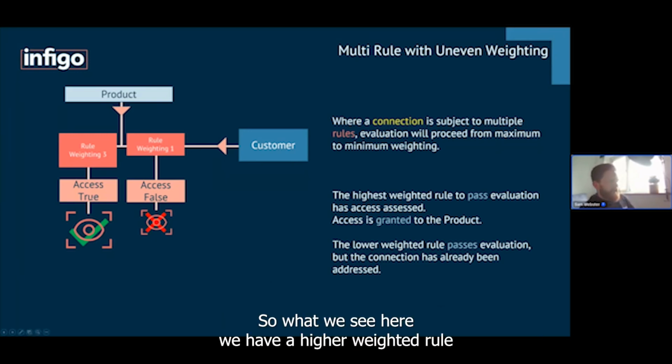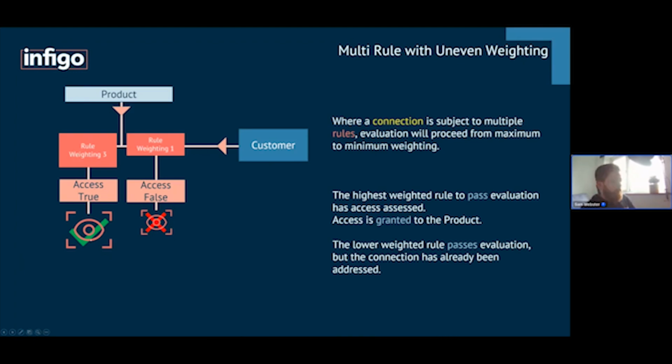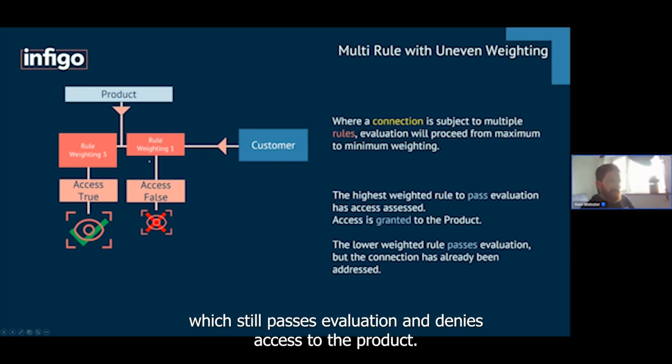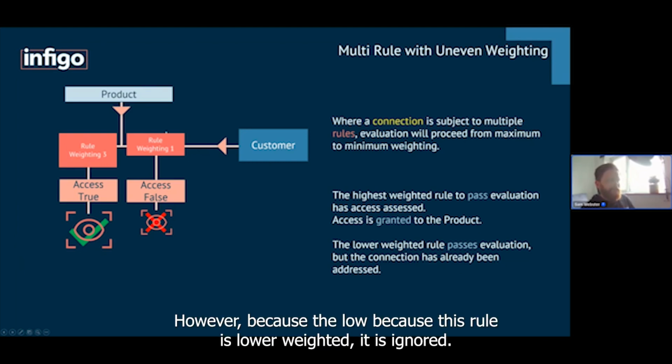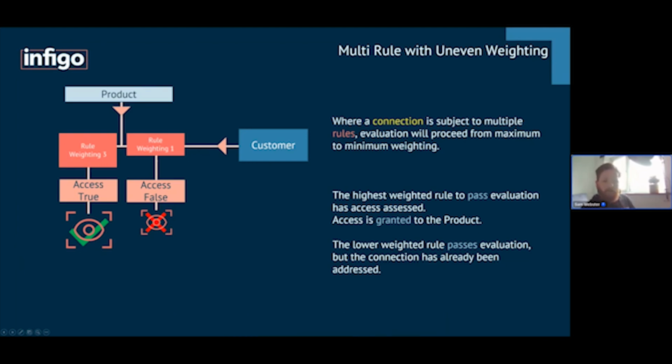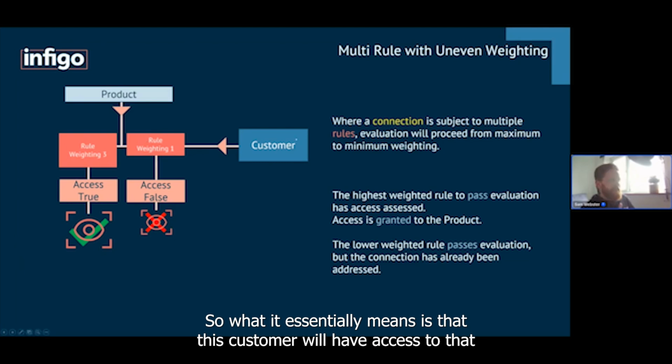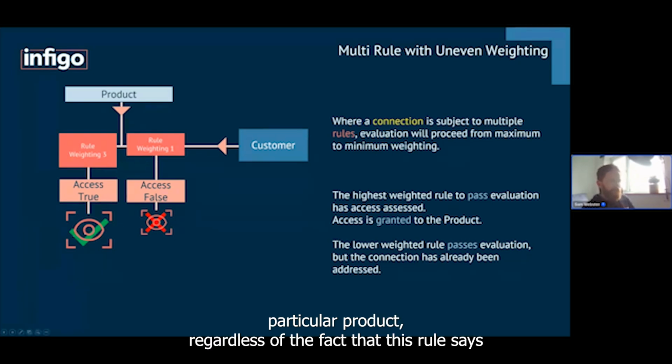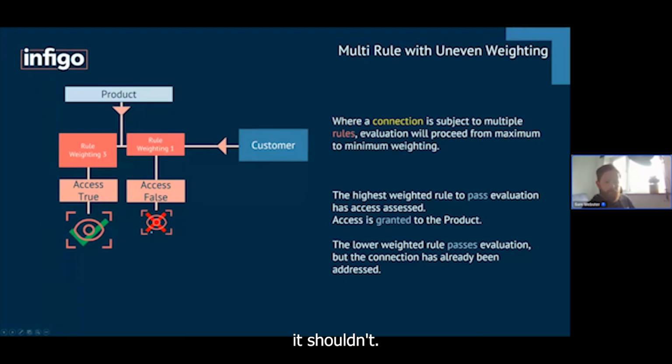So what we see here, we have a higher weighted rule, which passes evaluation and grants access to the product. We then have a lower weighted rule, which still passes evaluation and denies access to the product. However, because this rule is lower weighted, it is ignored. So what it essentially means is that this customer will have access to that particular product, regardless of the fact that this rule says it shouldn't.